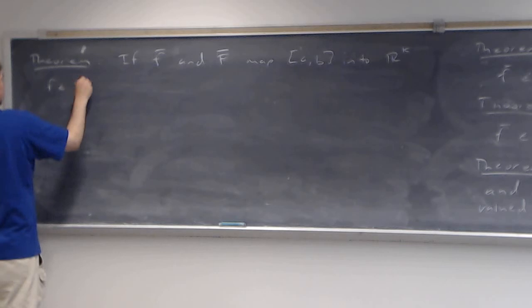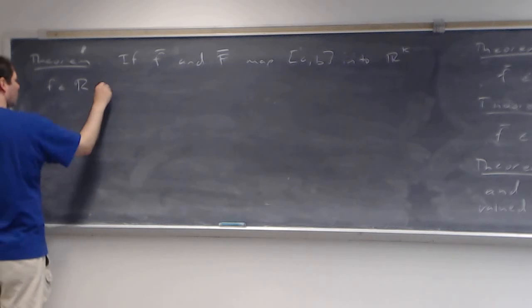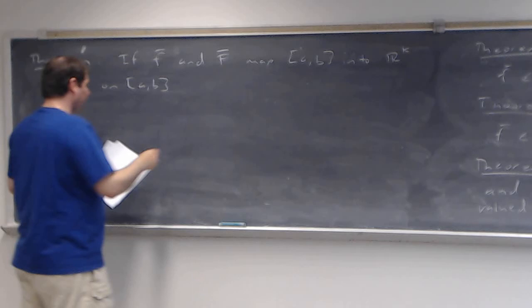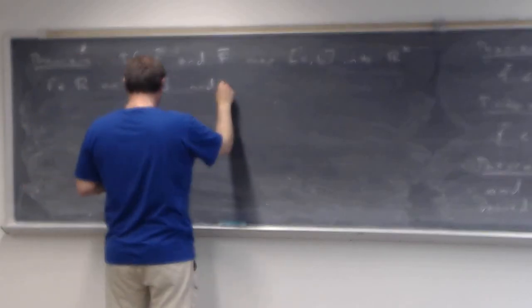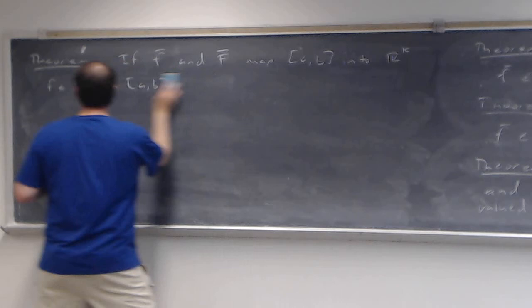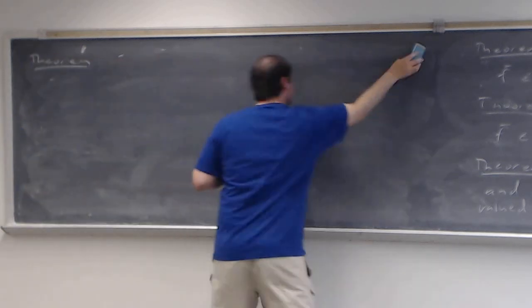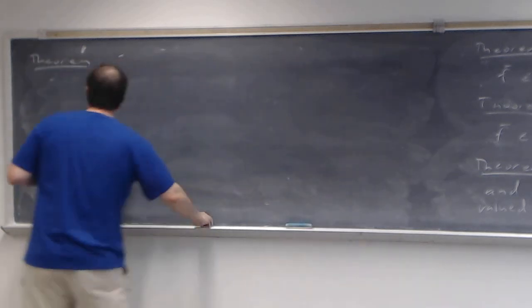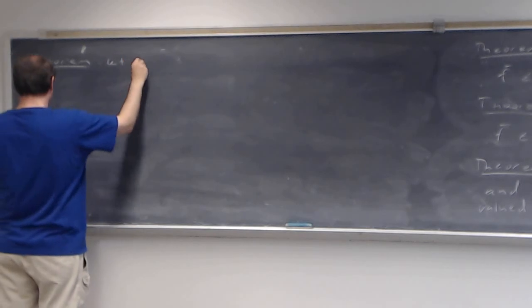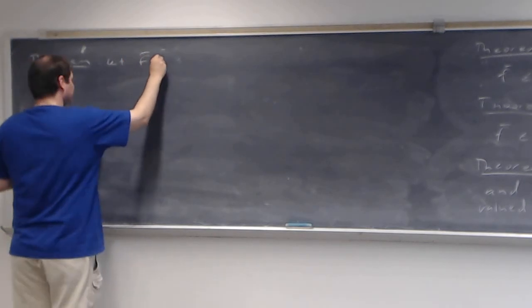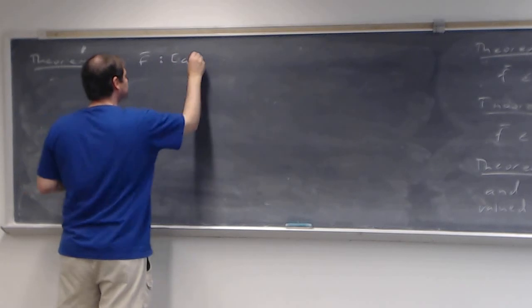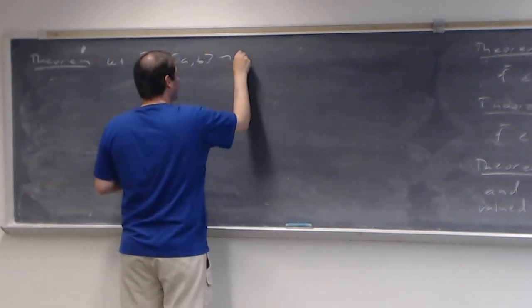I'm sorry, I skipped it there. Let me back up. Okay, let f bar go from A to B into R^k.